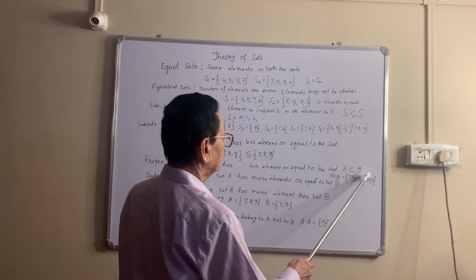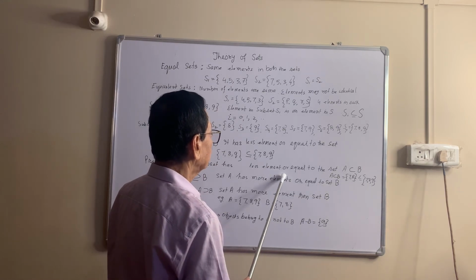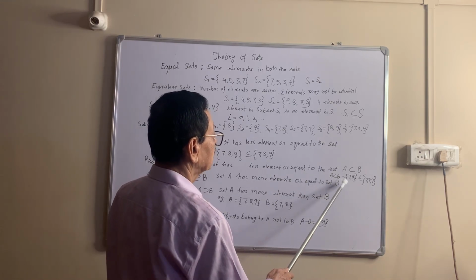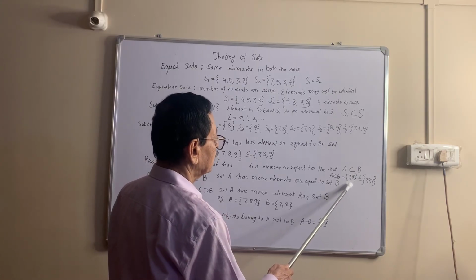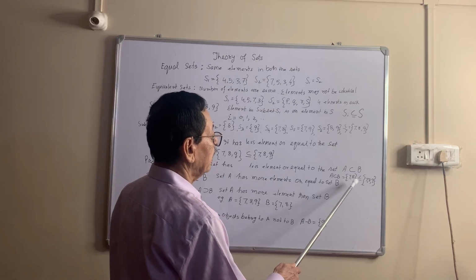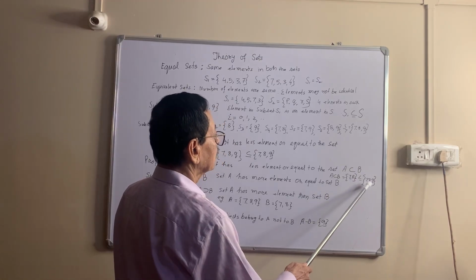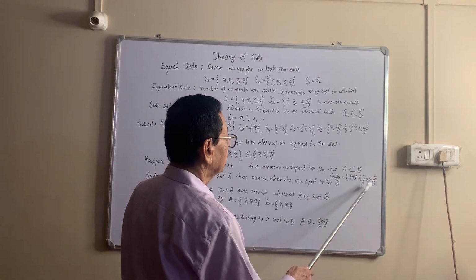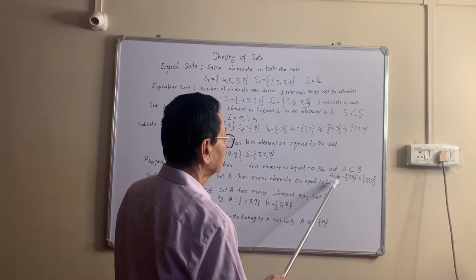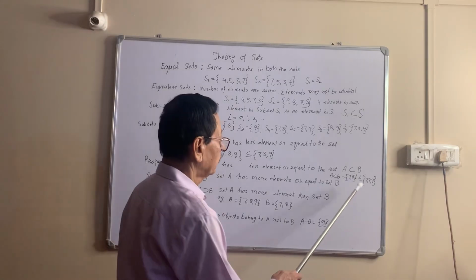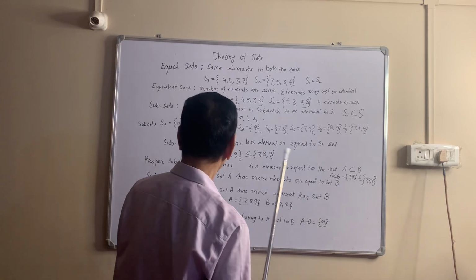A proper subset B means A has fewer elements than B. Suppose A is a subset with elements 7 and 8, and B is the set 7, 8, 9. Then A has fewer elements, but it is included in B.